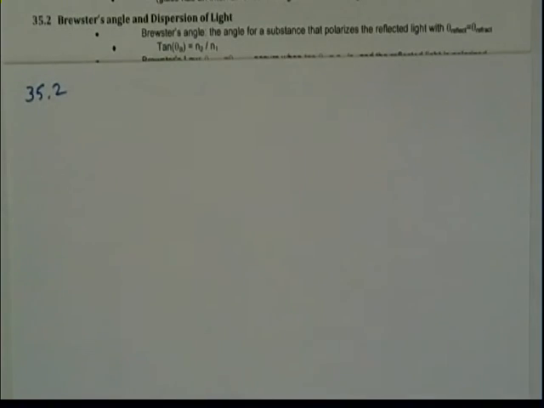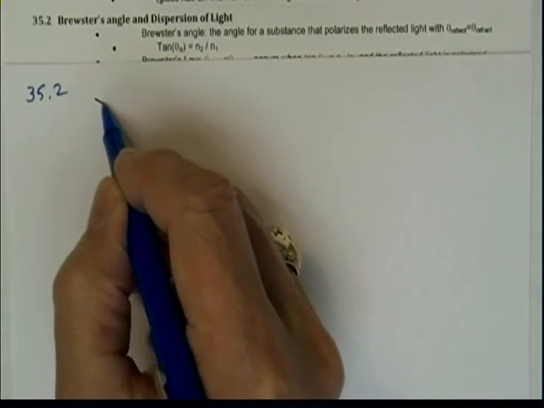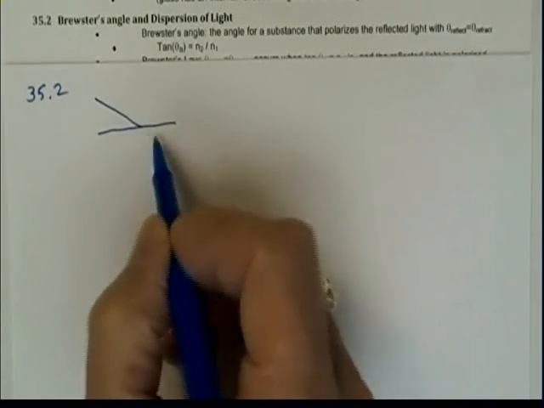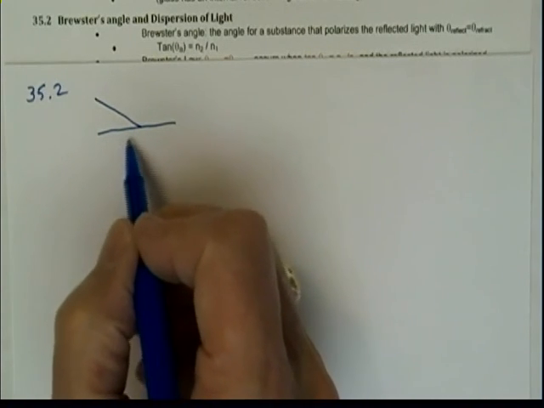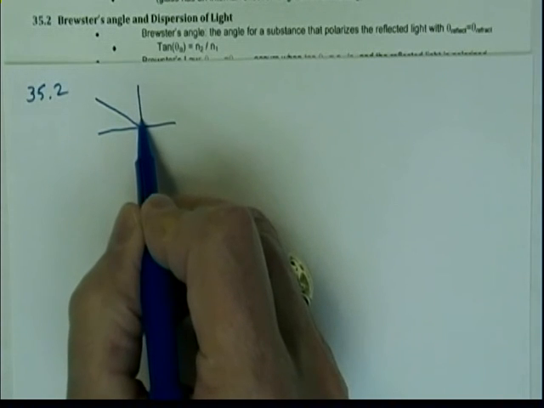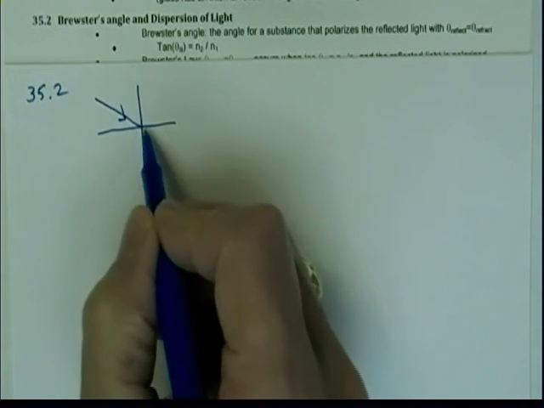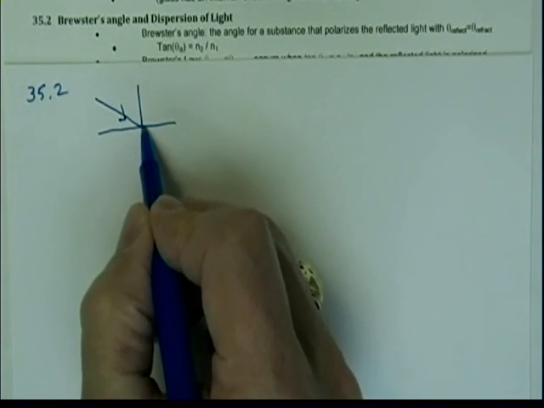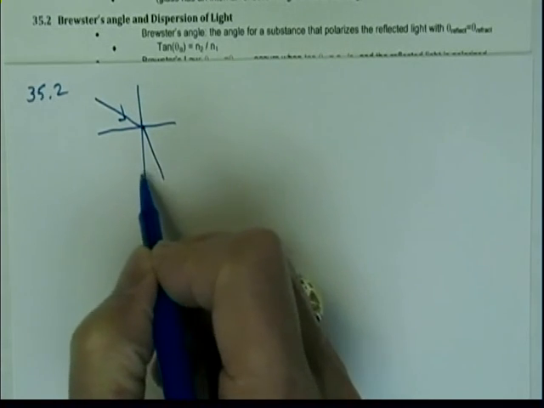It turns out that as light is incident upon something like water or glass, something that's transparent, part of that is refracted. If I draw a perpendicular here, and here's the light coming in, it means part is bent back toward the normal.